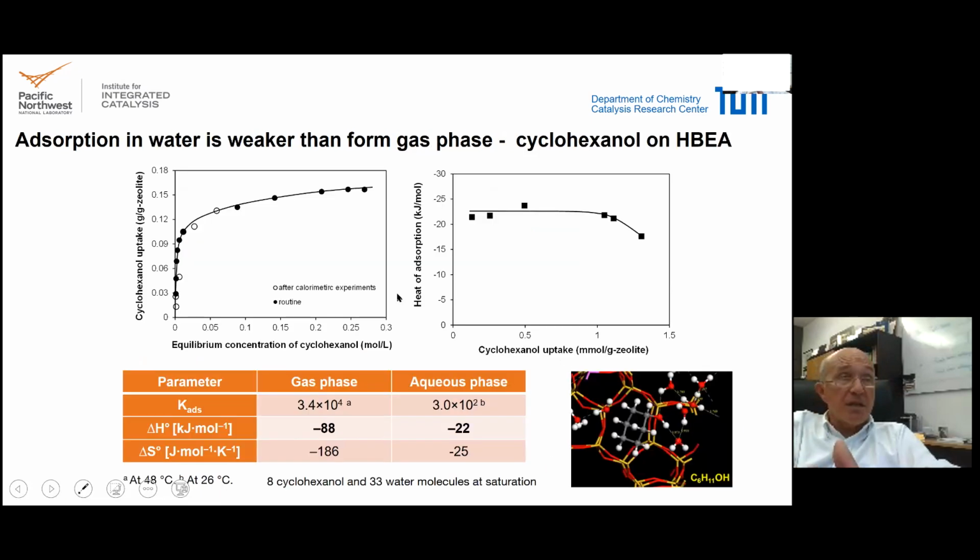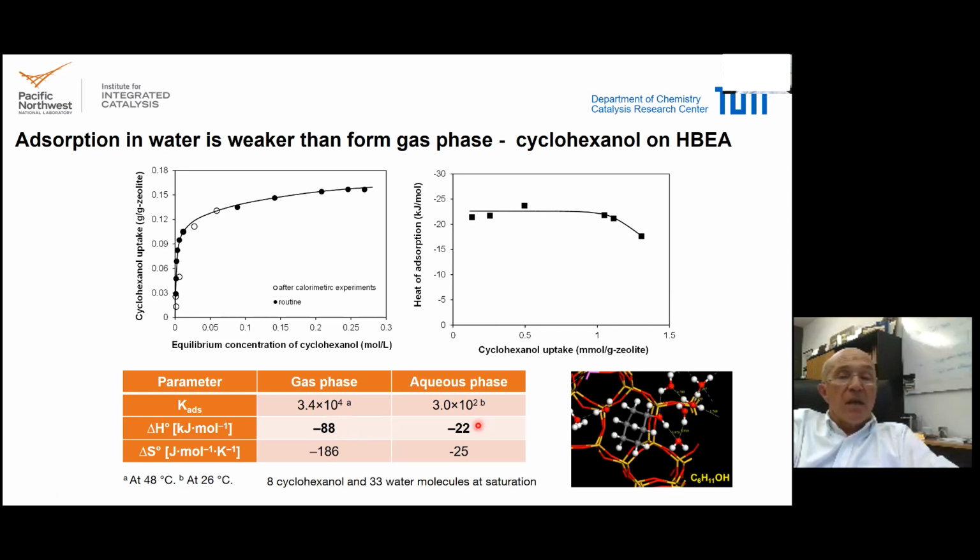The first part is we need to understand how a molecule at all adsorbs when you shift from a gas solid interaction to a gas liquid interface and a liquid solid interface in turn. We see that from the gas phase, the heat of adsorption is about 88 kilojoules per mole.